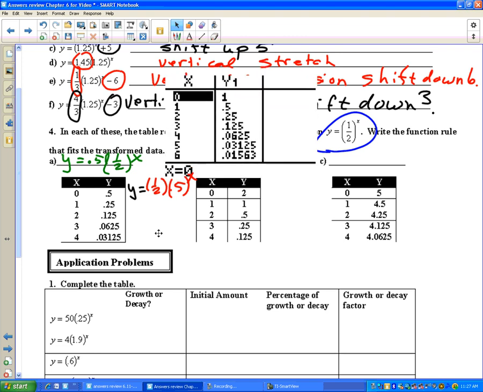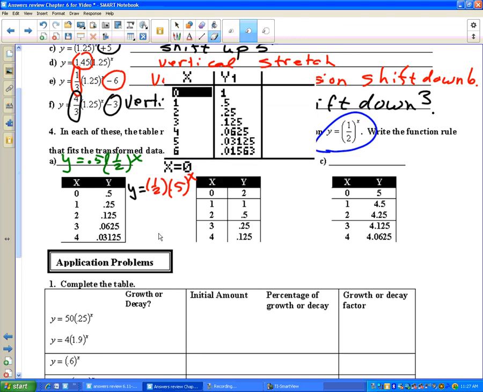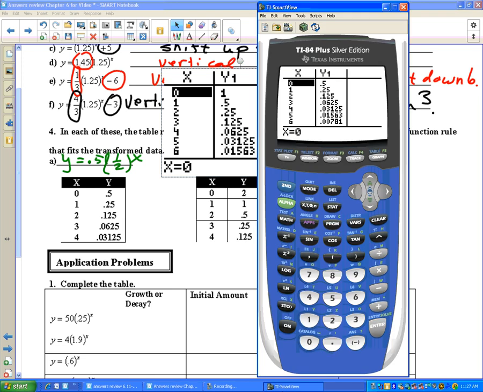Let's try the next one. This is what the table should look like, 1, 0.5, 0.25. But instead, I'm getting 2, 1, 0.5, 0.25. What's happening here? Am I adding by a certain amount? Am I subtracting by a certain amount? It looks like I'm doubling every time. So since it looks like I'm doubling every time, I think it's going to be multiplied by 2.